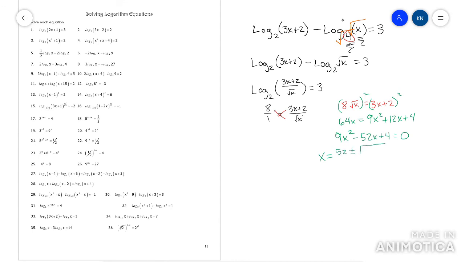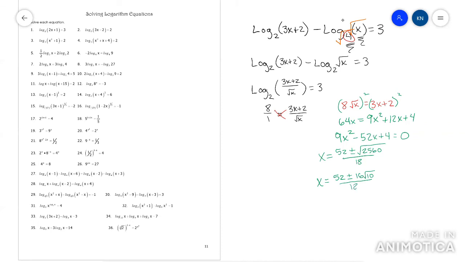When you do this root part, you should get 2,560, which does break down to become 16 root 10. It's 256 times 10.